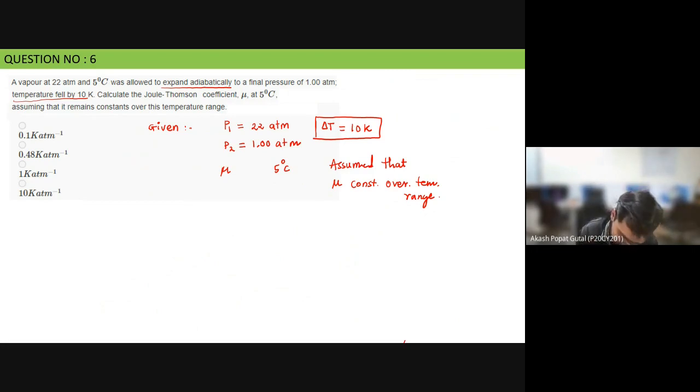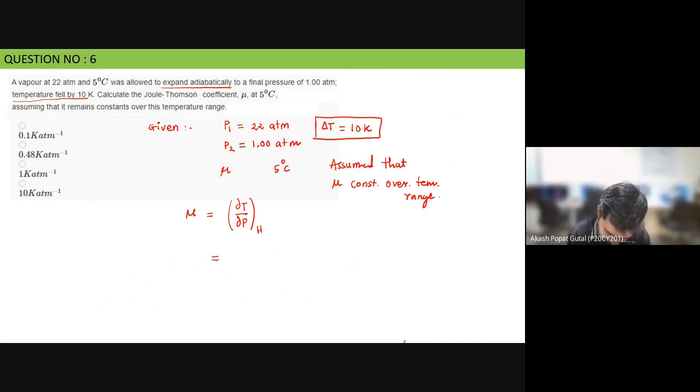By definition, the Joule-Thomson coefficient is the change in temperature with change in pressure at constant enthalpy.